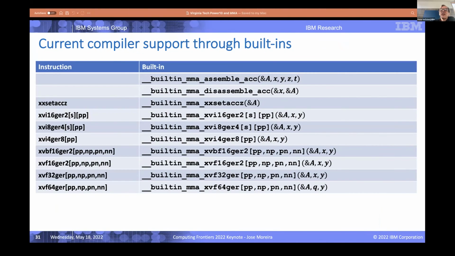The way it's supported is through built-ins, so that a lot of the management of the registers and other things can be left to the compiler. Typical operations here take that accumulator register, as well as two of the vector registers as inputs.